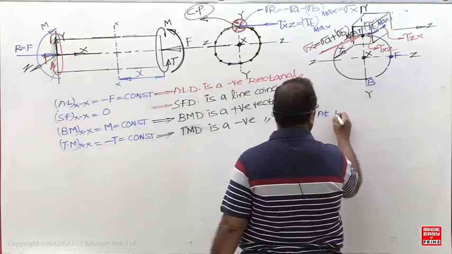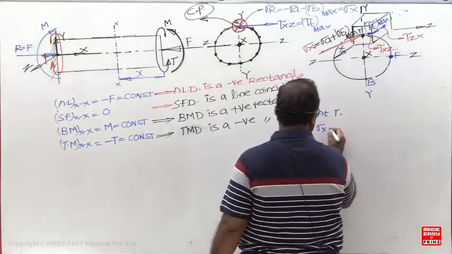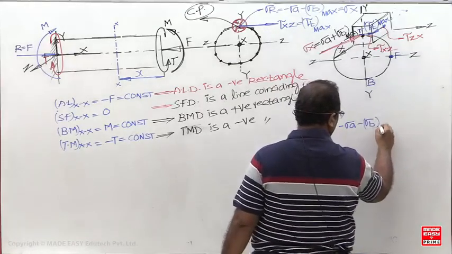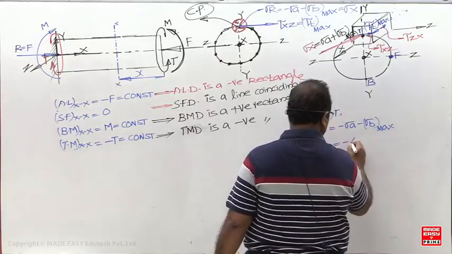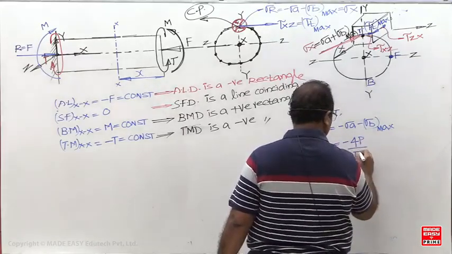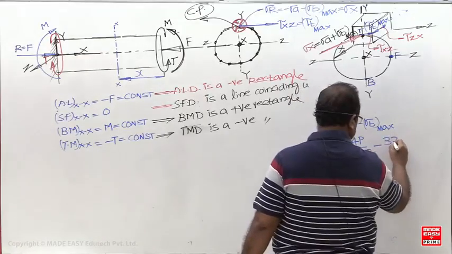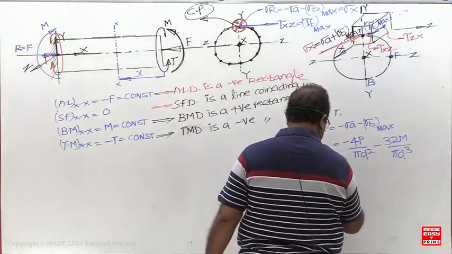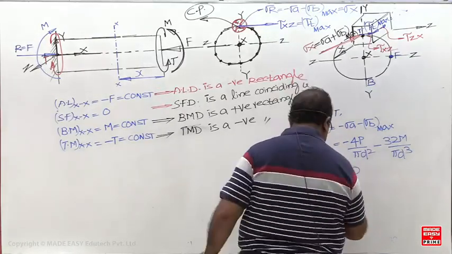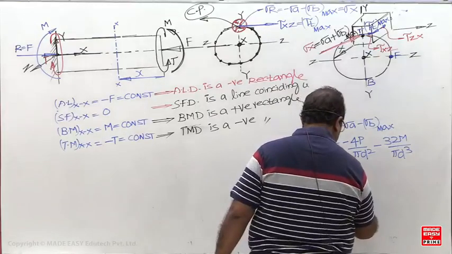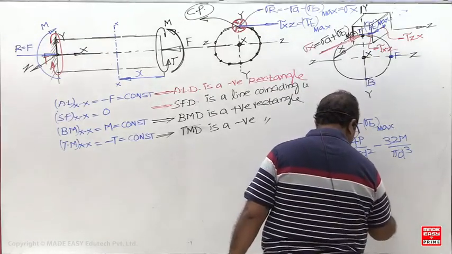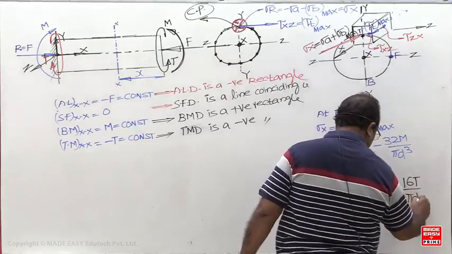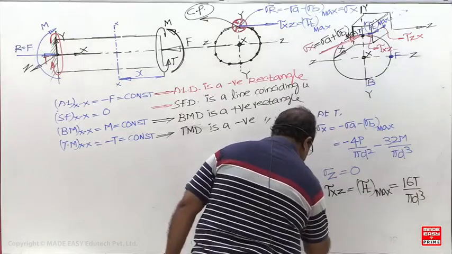At T, meaning top, sigma x is minus 4P by πd² minus 32M by πd³, sigma z is 0, and tau xz is tau T max. Then you can calculate the principal stress at point T.